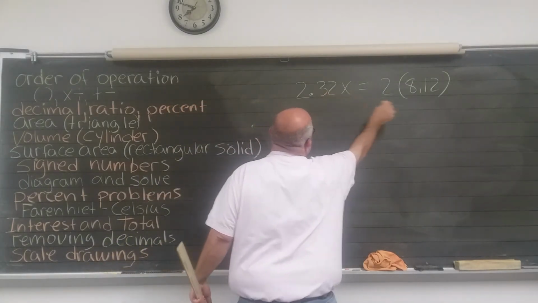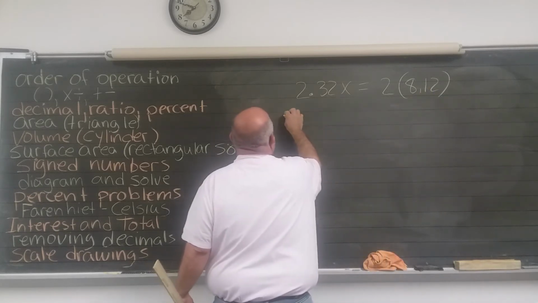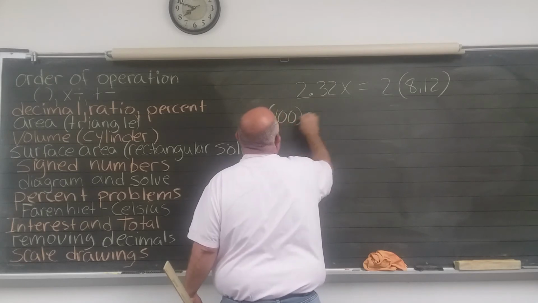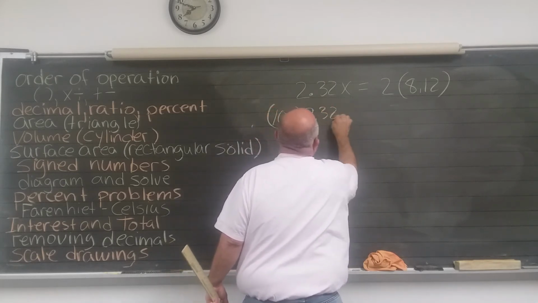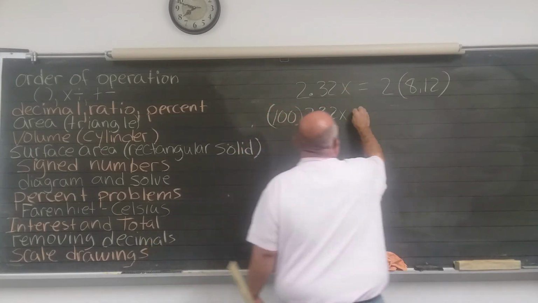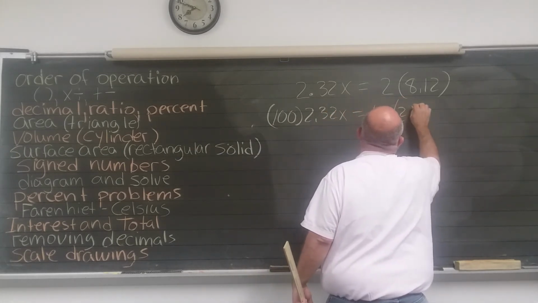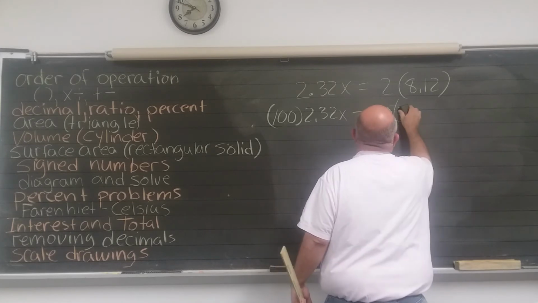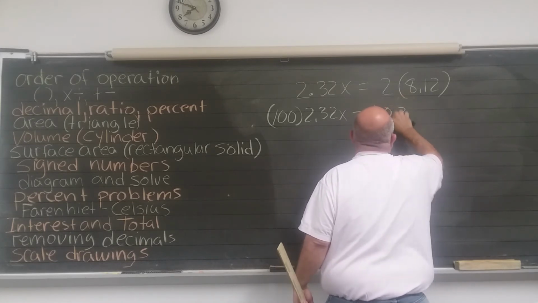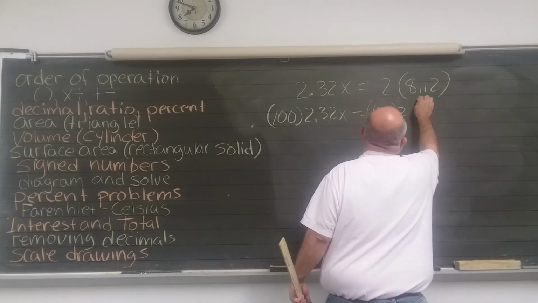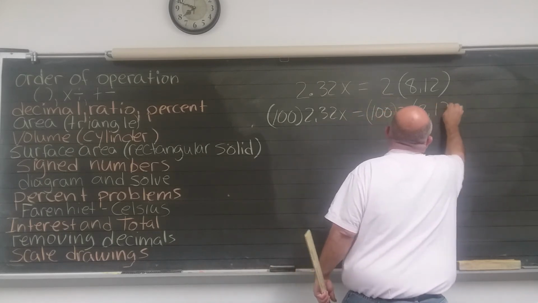That'll move the decimals over, right? So 100 times 2.32x, you keep the x, equals 100 times 2 times 8.12.